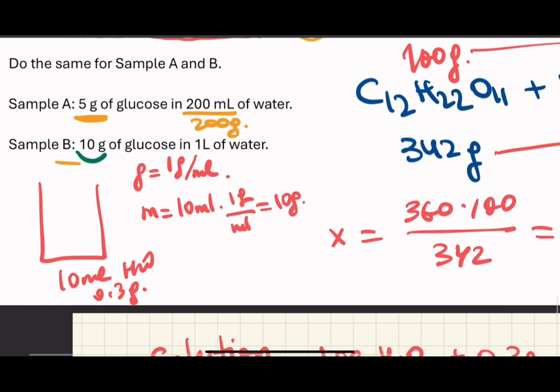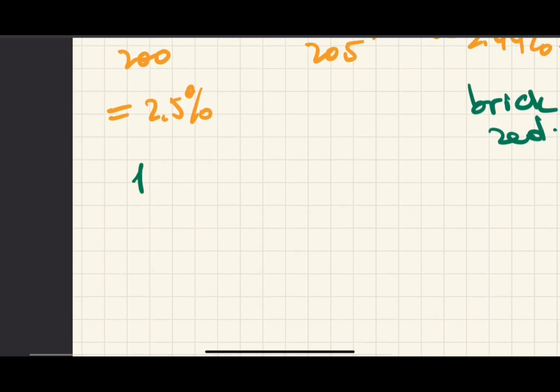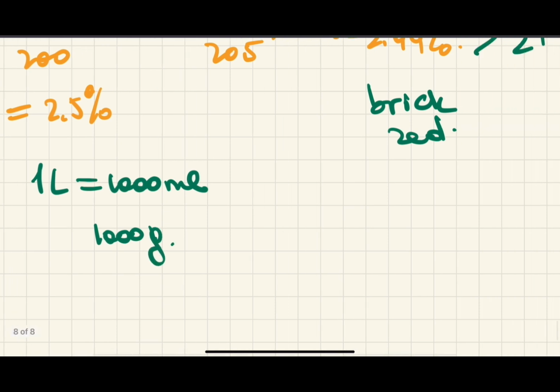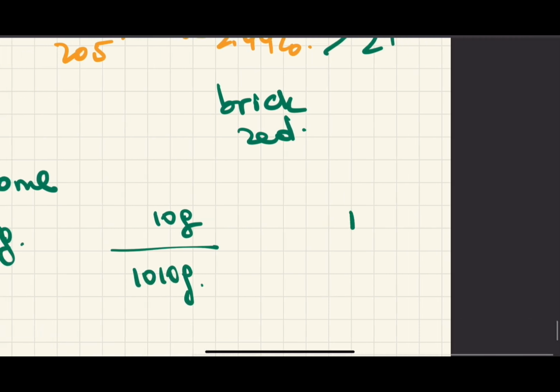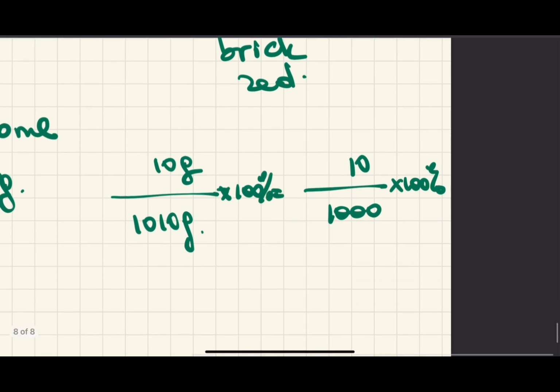And if we check out 10 grams of glucose in 1 liter of water, so now 1 liter of water is 1000 milliliters. Now we know that this will be 1 kilogram of water, which is 1000 grams. Now if you have 10 grams of glucose over 1010 grams of solution, or you can just do 10 over 1000 multiplied by 100%.